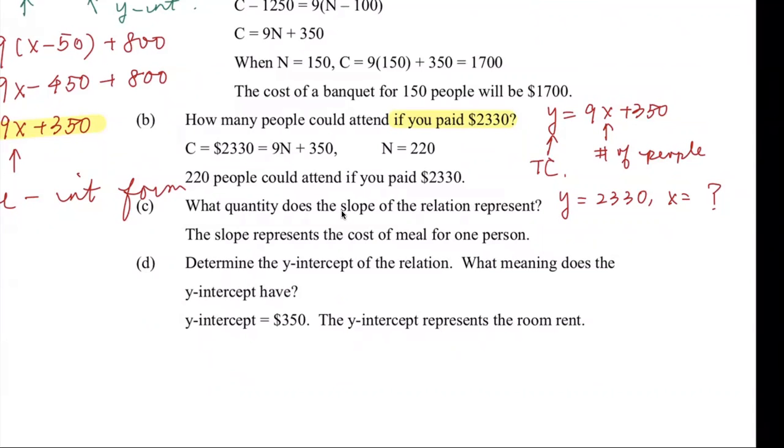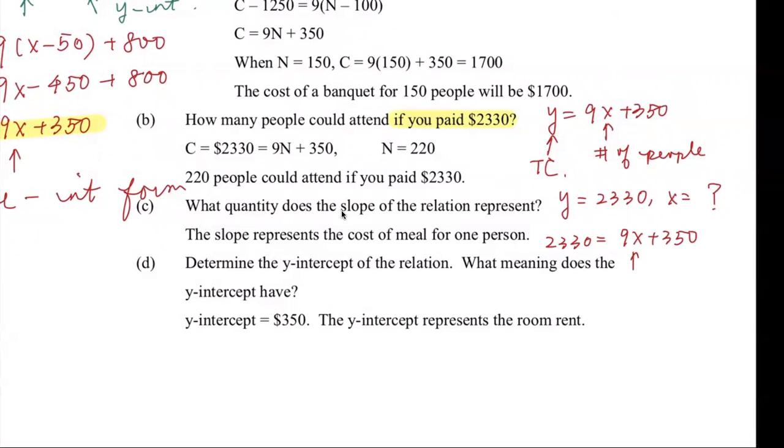So now let's make Y be 2330. So 2330 is equal to 9x plus 350. We just need to find X, right? This shouldn't be a problem for us now.